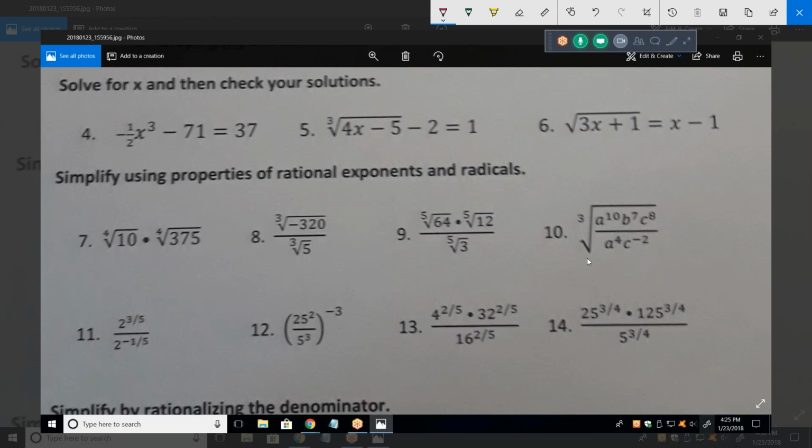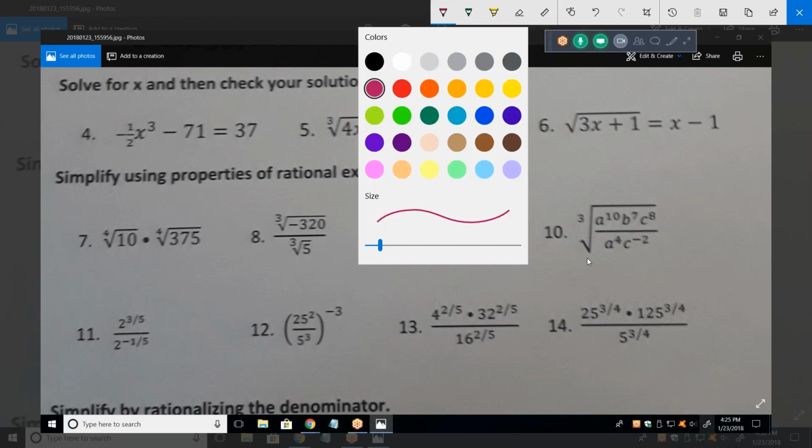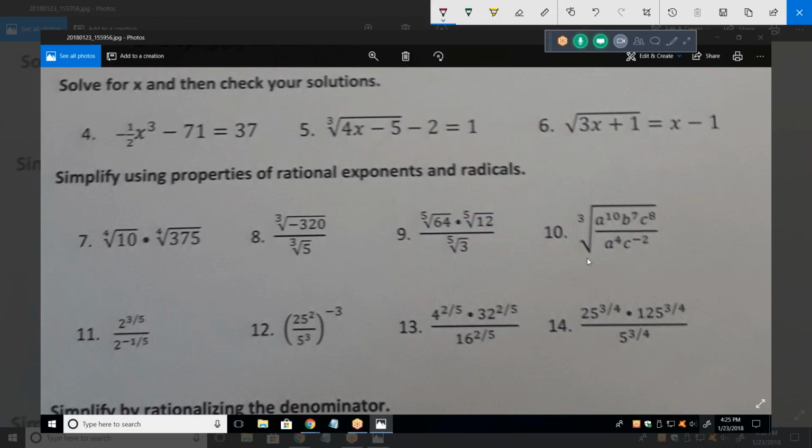Number 5, step by step. So, read the next line. The third root of 4x minus 5 equals 2 or 3.